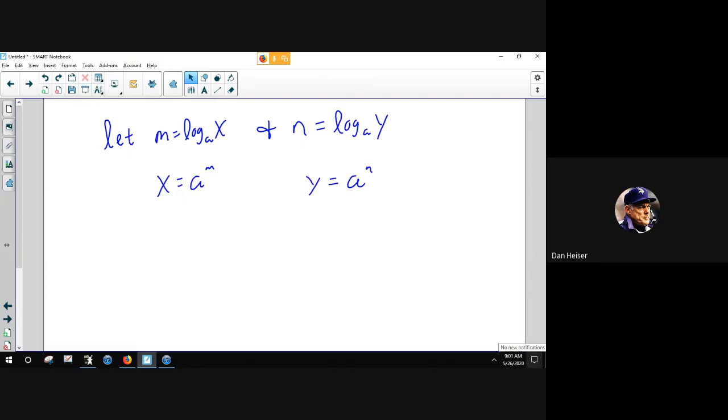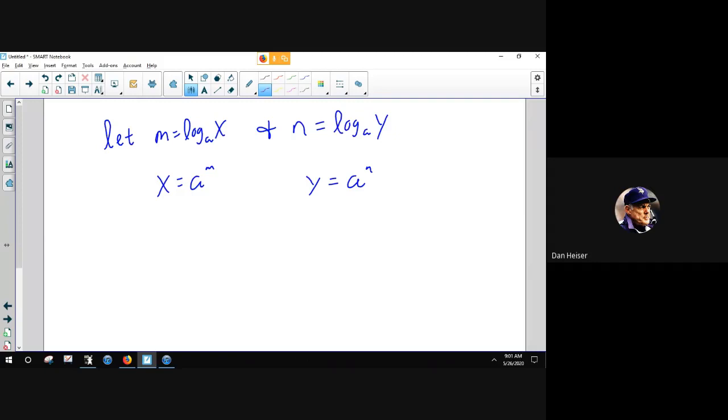Changing the log form into exponential form, base to a power is this, base to a power equals this. I'm going to illustrate those log properties with X and Y.